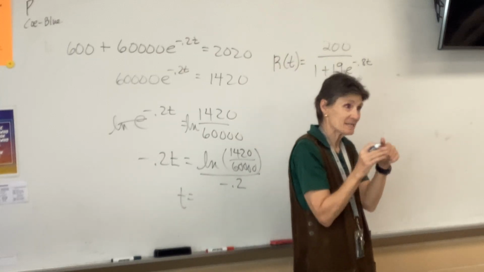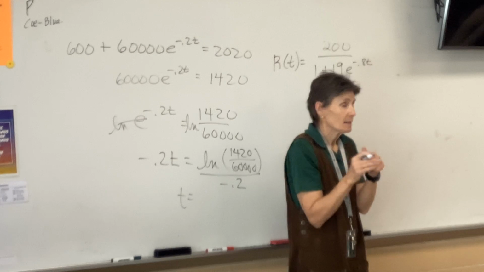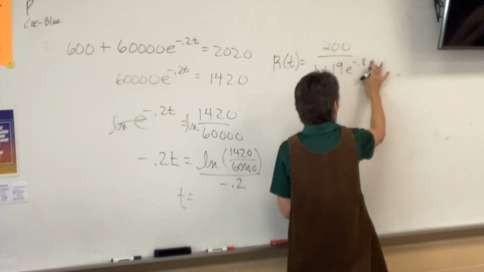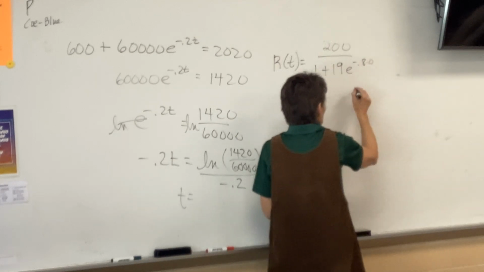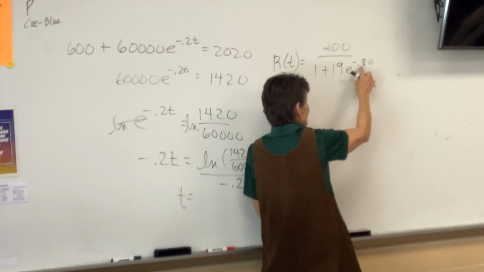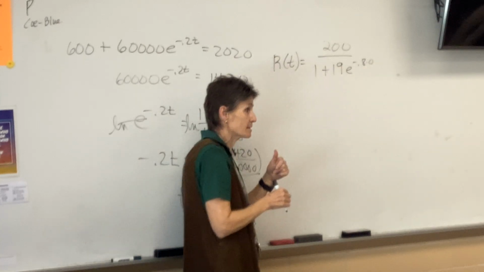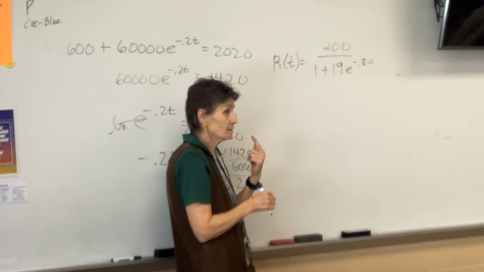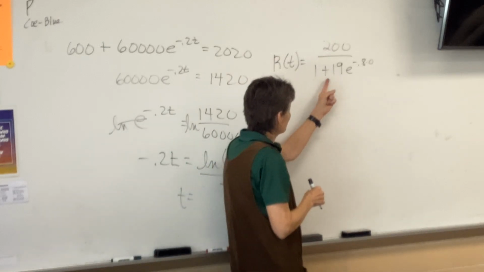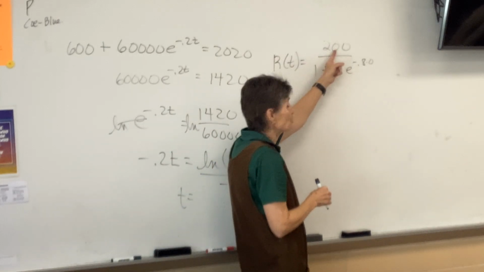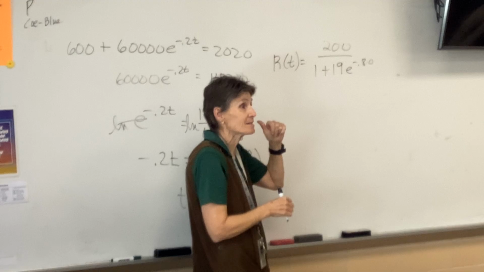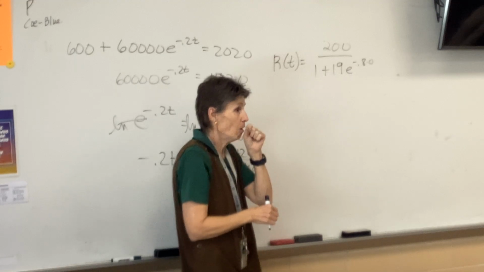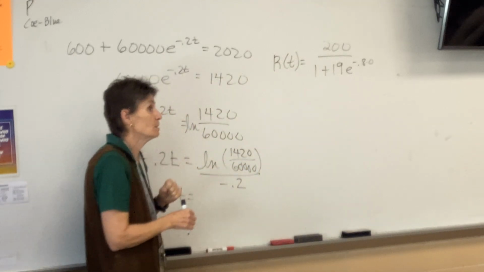Let t be 0. And if you put 0 in here, then you have e to the 0th, which is 1. So 1 plus 19 is 20, and 200 divided by 20 is 10.